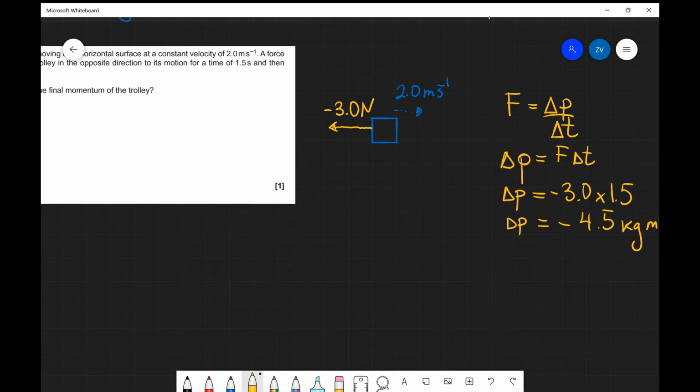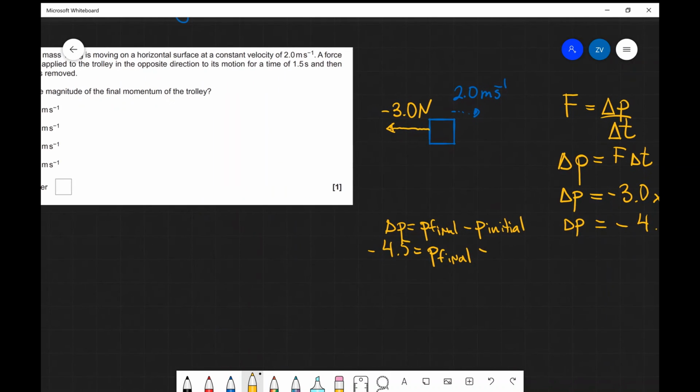Now remember, our delta P is simply equal to P final minus P initial, like so. So if our change of momentum is minus 4.5, we don't know yet what our final momentum is, minus the initial momentum.